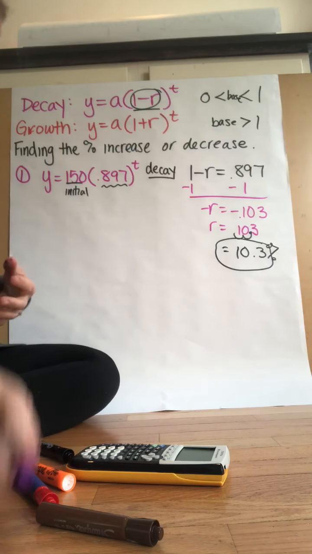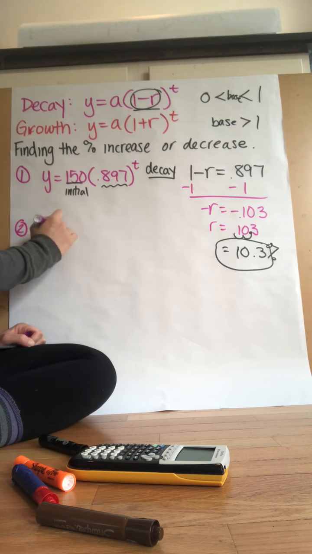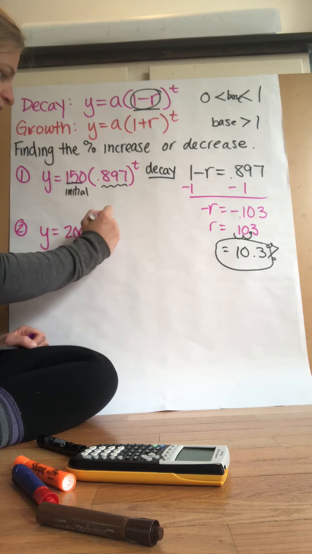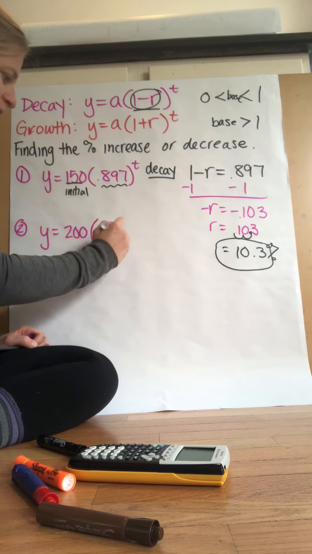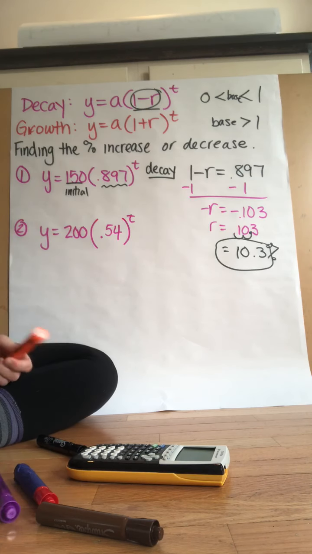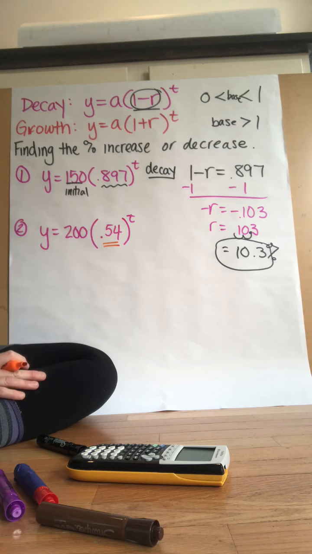Okay, let's try another one. I have y equals 200 times 0.54 raised to the t power, okay? I'm looking at exponential decay because this number inside of my set of parentheses is smaller than 1.